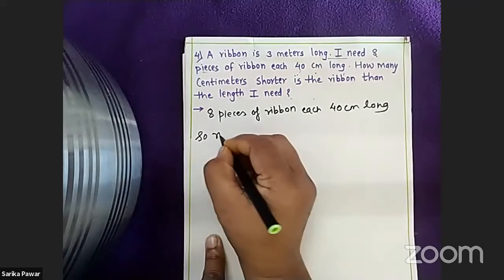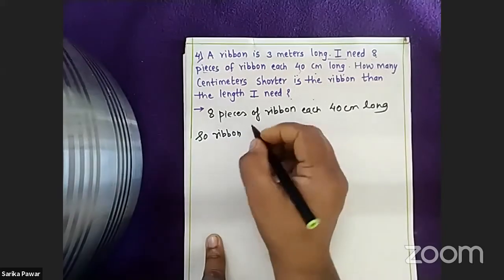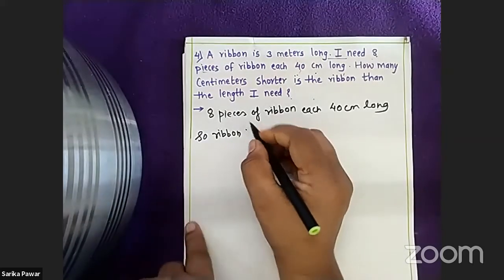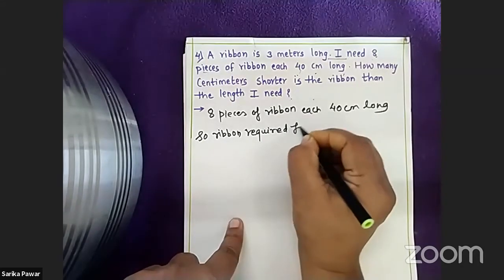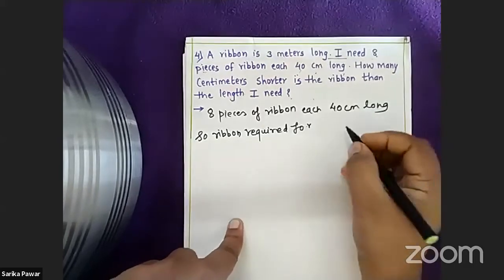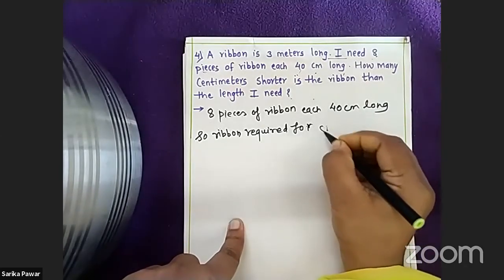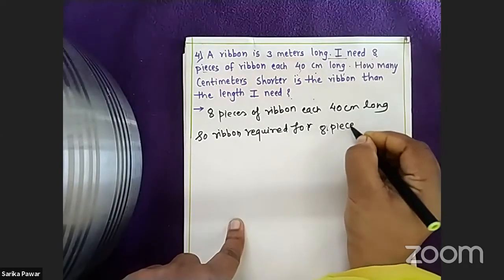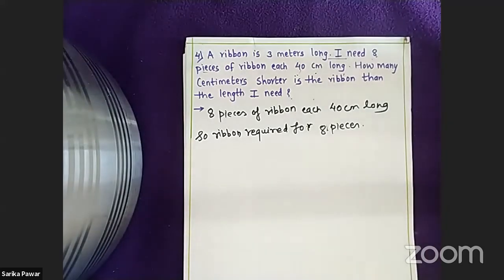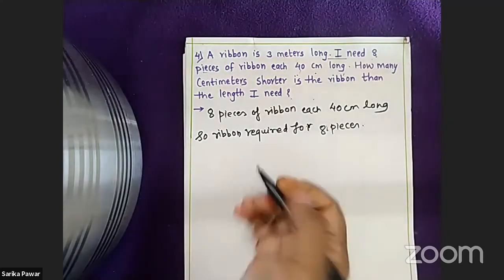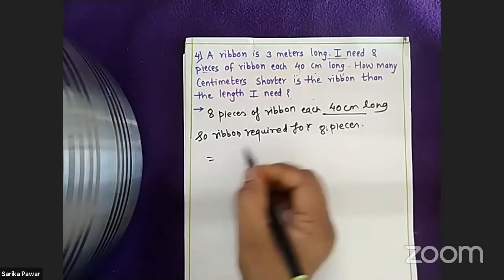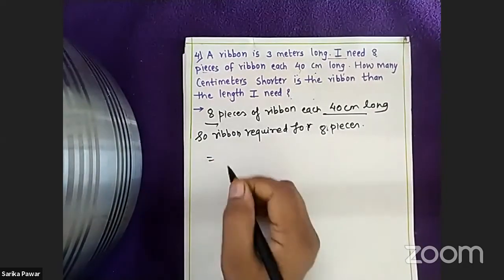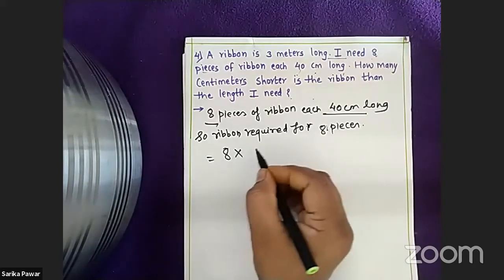So the ribbon required for 8 pieces. Let us find out by multiplication. One part is 40 centimeter. We want 8 pieces. So 8 multiply 40.